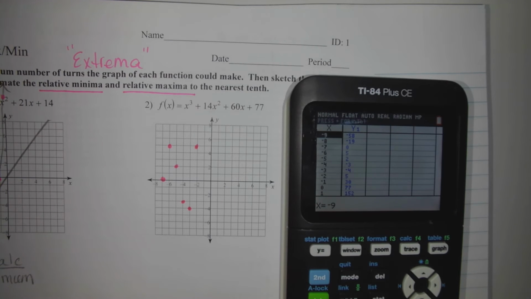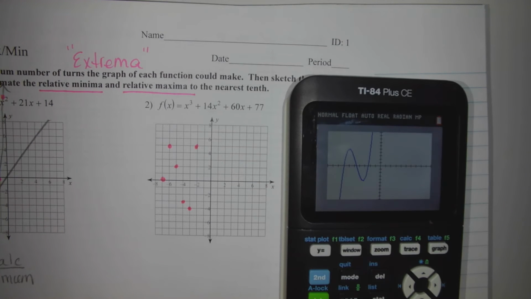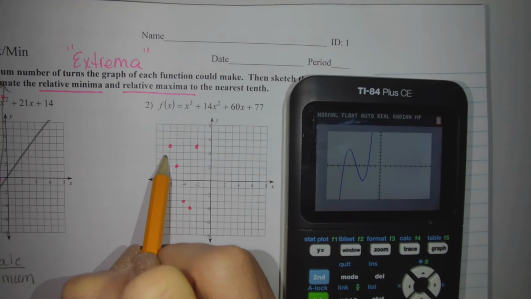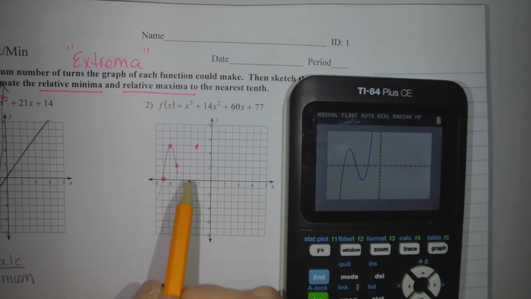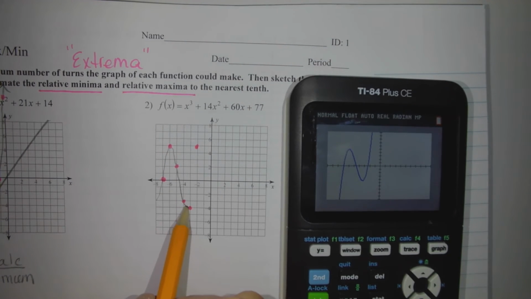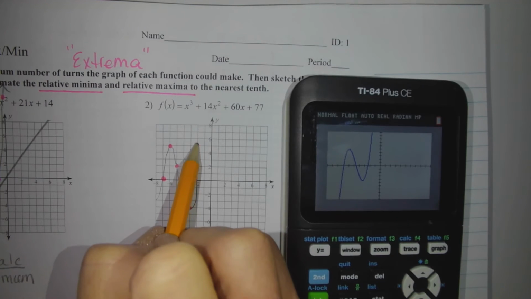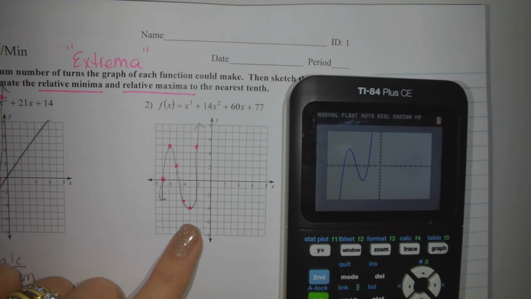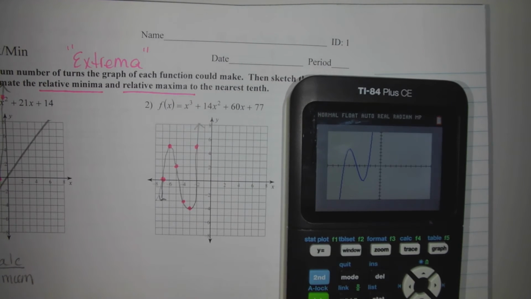You should have the same plot points I do. No, I'm going to tell you, I had to go back to my graph to sketch this.